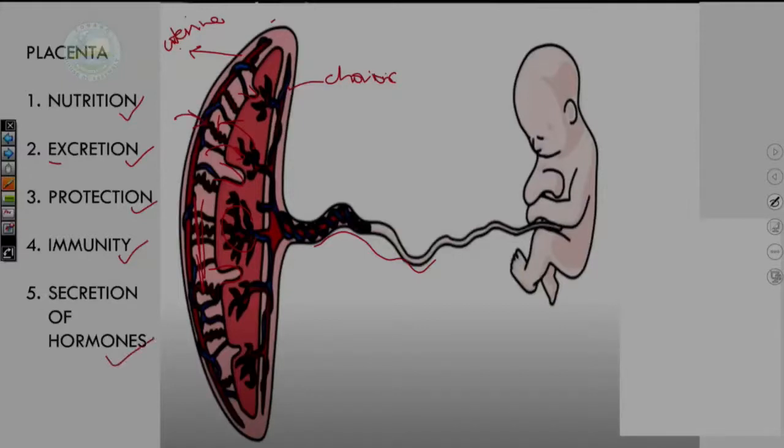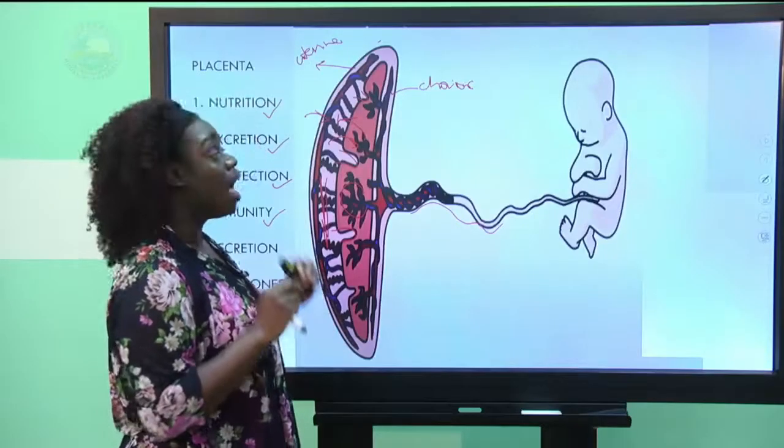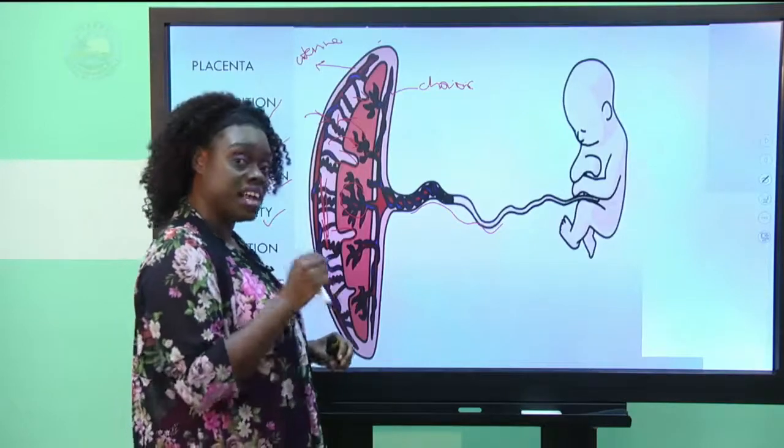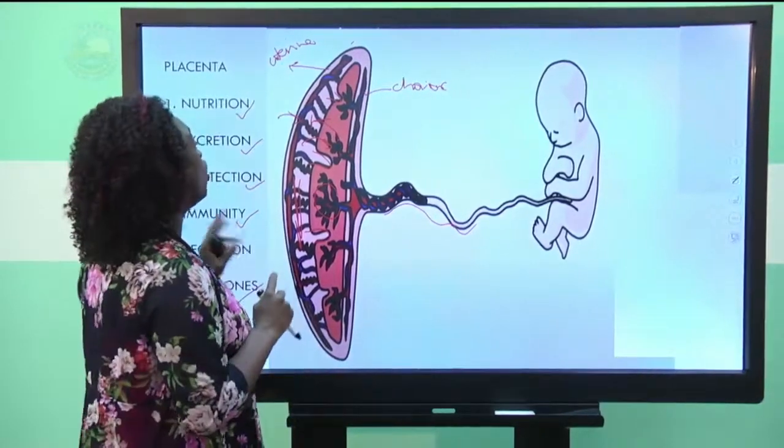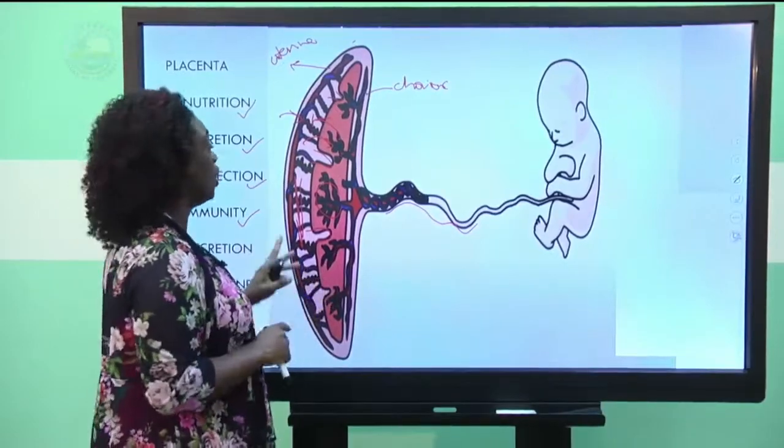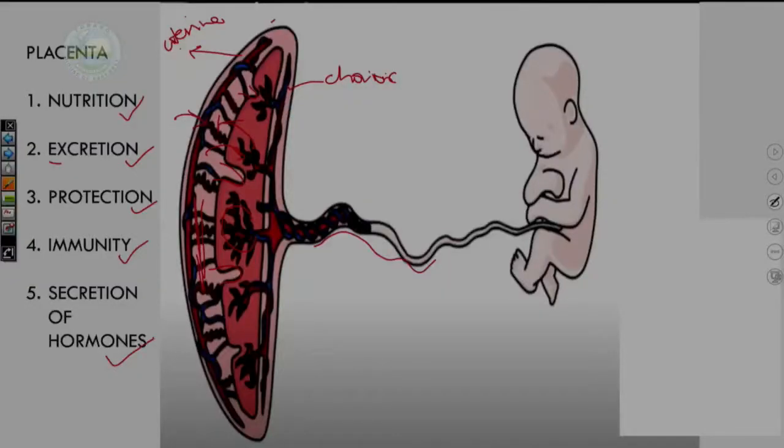And secretion of hormones. This is quite important. Remember, we spoke about the corpus luteum producing progesterone, and that progesterone maintains the lining of the womb. Now, that happens up until the placenta is formed.